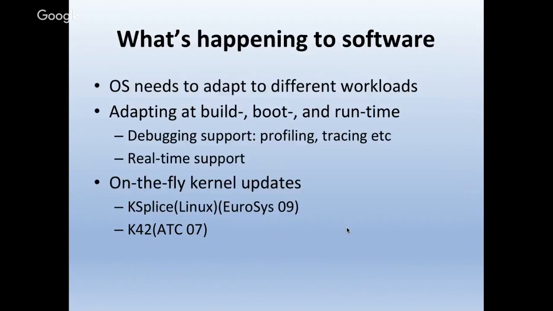And sometimes application requirements are very strict, such as real-time support, and it's hard to fit everything into a general purpose kernel. There are also research techniques that work by modifying or upgrading kernels on the fly, as is the case, for example, with Ksplice in Linux or the K42 upgrade mechanism.